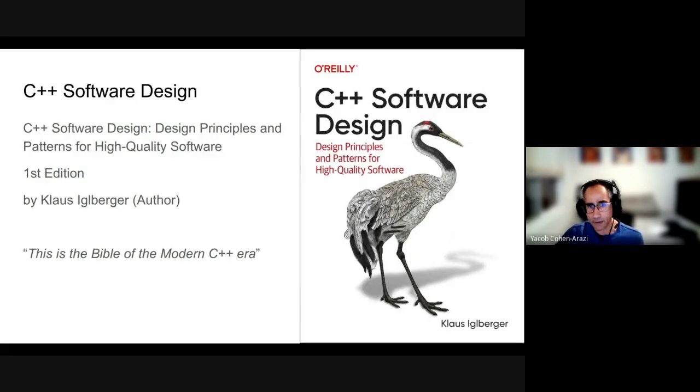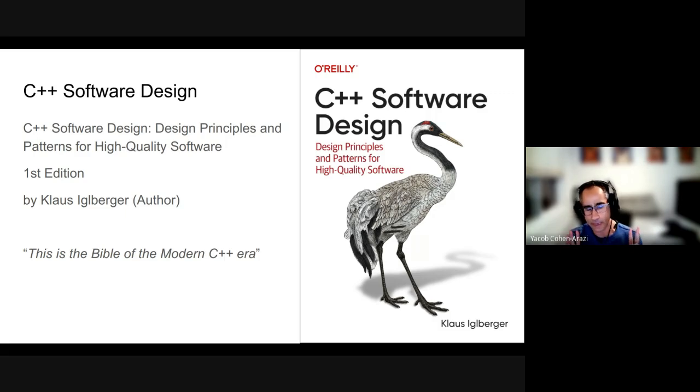I want to mention something. This whole description of the decorator is inspired by this fantastic book. For me, if you ask me what is the best modern C++ design book, there are few design patterns books, and this is by far the best.